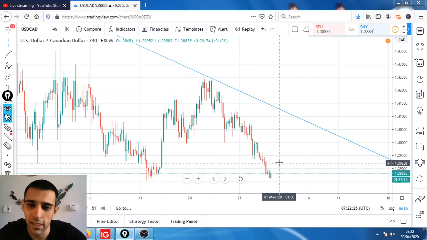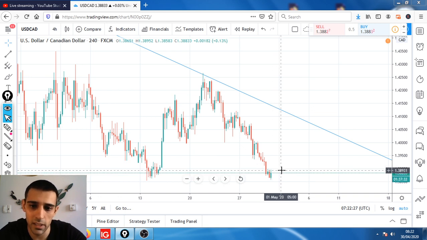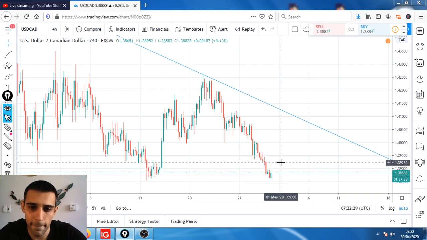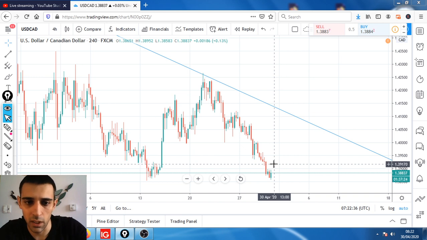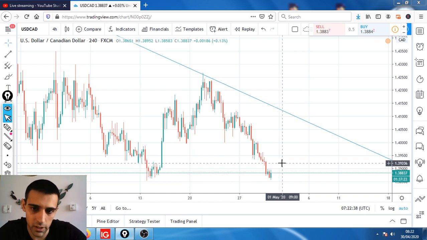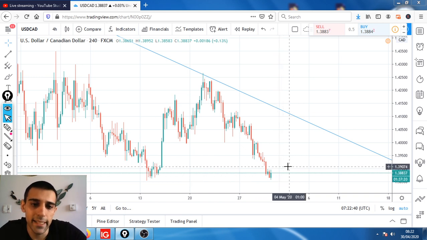This is more like it. If it does happen in this 4 hourly candle, then this candle is going to look like a strong bullish candle, especially if it closes that way.